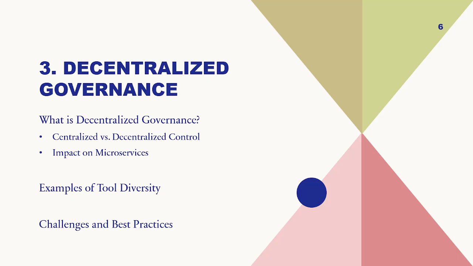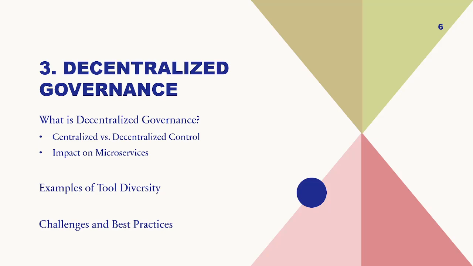Teams need to establish clear API standards and protocols. Managing complexity with many different technologies in play, documentation and monitoring become essential. Using tools like centralized logging and observability frameworks can help manage the diversity.